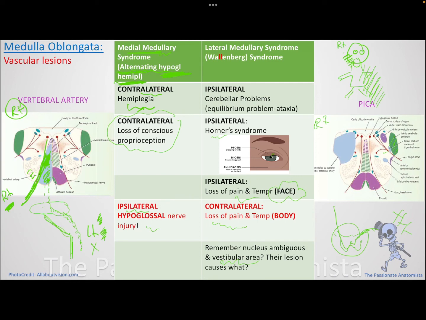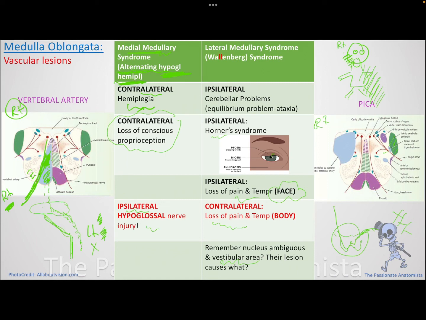So if I have a problem with the nucleus ambiguus, I'm going to have dysarthria. I won't be able to talk. I will have dysphagia. I won't be able to swallow, because this is the motor nucleus for the pharynx and larynx. You guys remember the vagus from the previous table?